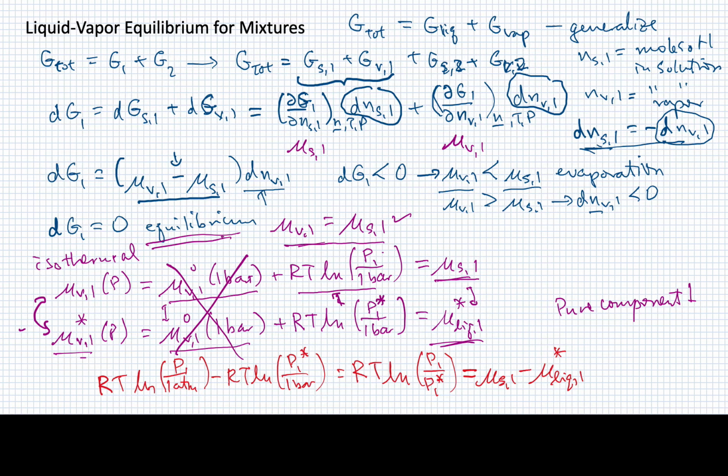We could also have written this as mu of the solution at some pressure P1 related to mu of the pure liquid at pressure P1 star by this quantity. This enables us to connect the behavior of a component in a solution with its behavior as a pure component. That's a really invaluable tool to have in our toolkit when we begin considering other thermodynamic properties of solutions.